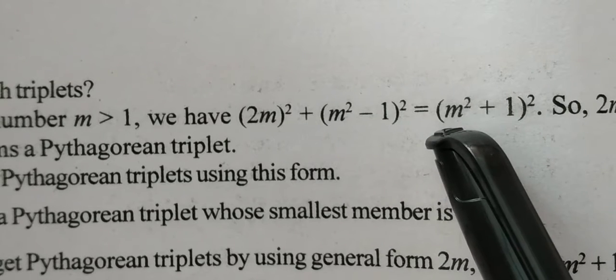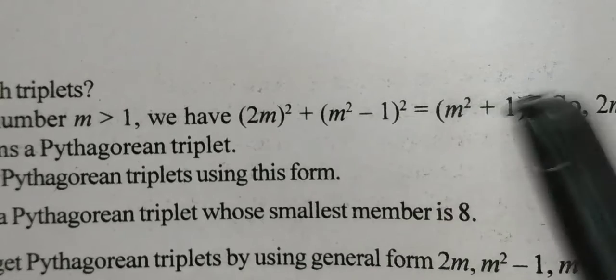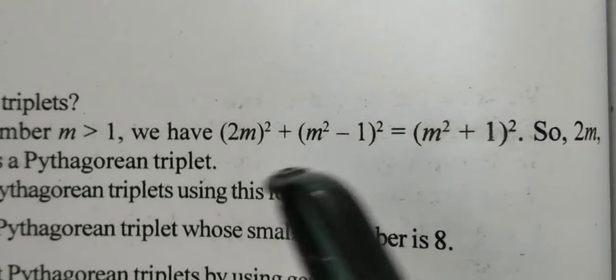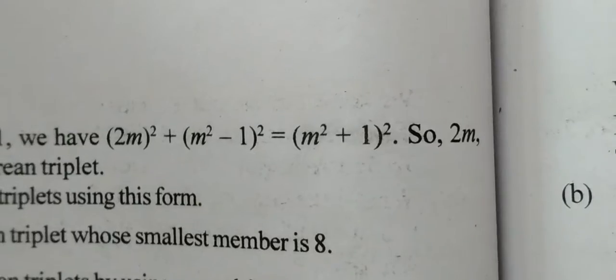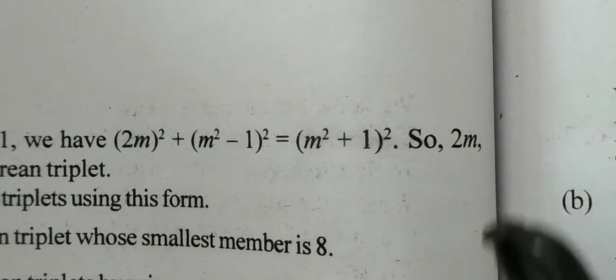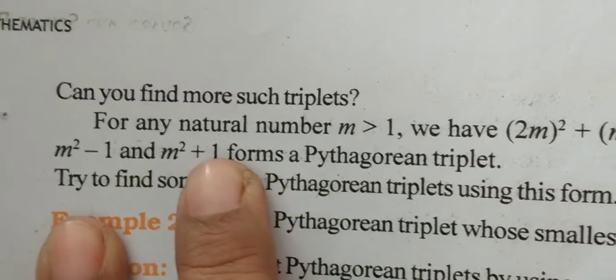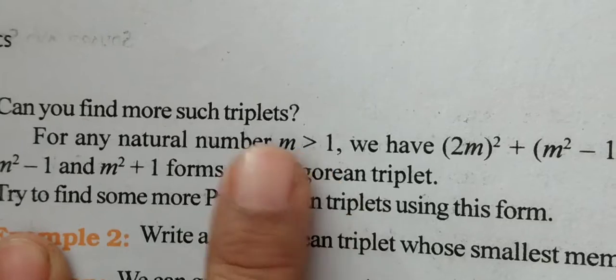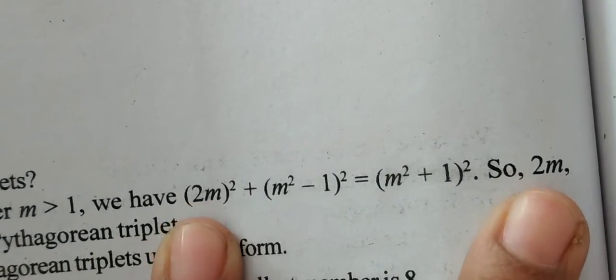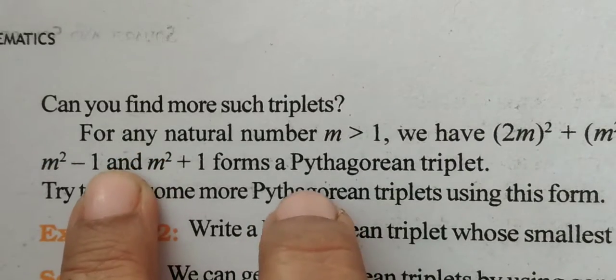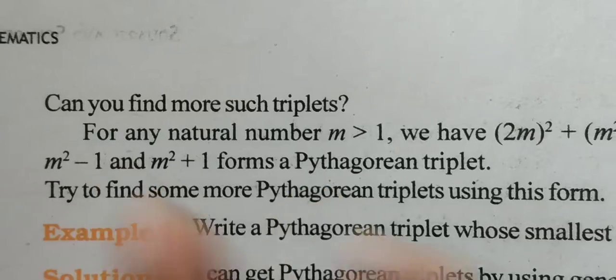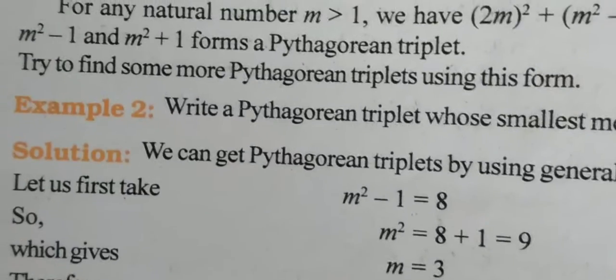That is squaring of the terms. So we have the triplets in this form: 2m, m square minus 1 and m square plus 1. If we know what m is, then we can calculate the three numbers of the Pythagorean triplet. Let's see it practically.